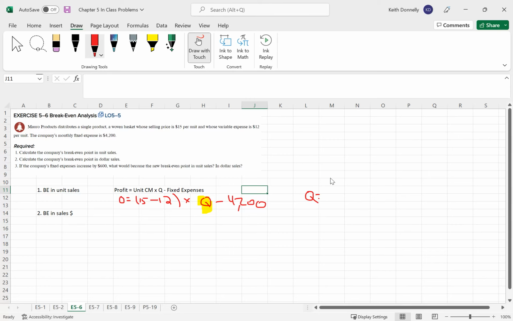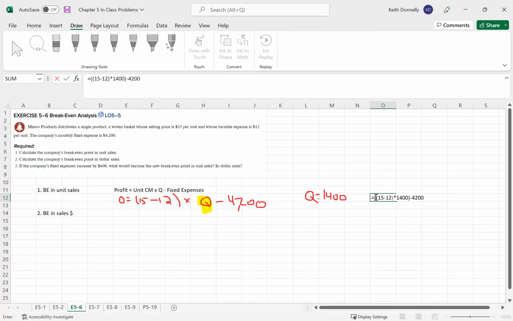It's just simple algebra where you solve for it. Q is going to equal 1,400. And just to show us that, if we did 15 minus 12 times 1,400 baskets we sold minus 4,200 in fixed expenses, will be at $0. We break even in that case.